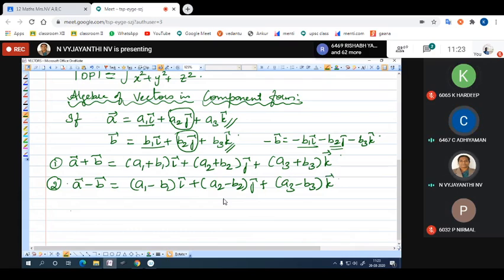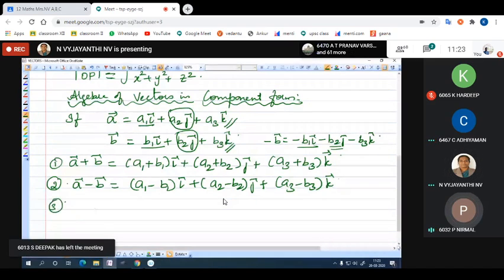Understood? Two vectors are equal when? Two vectors are equal if they have the same magnitude and direction.